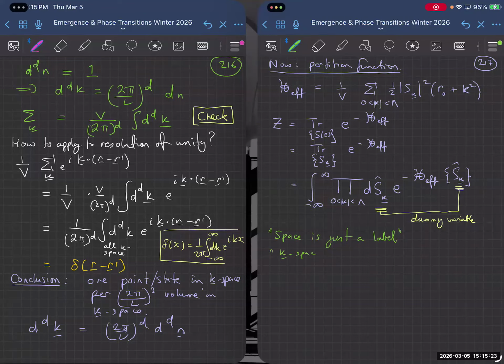I want to now talk about a normalization. The next thing is the normalization of the order parameter field. So when we did this in real space, we did a very clever trick.